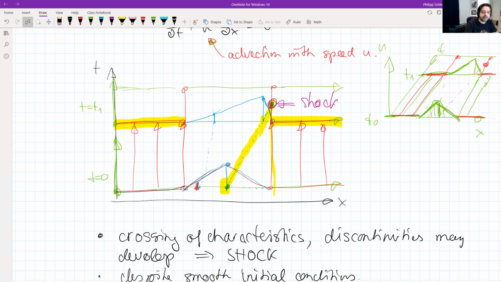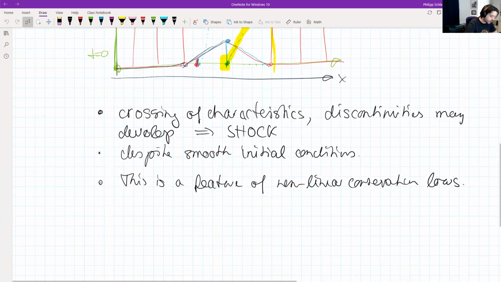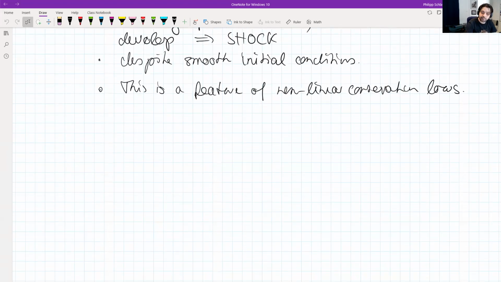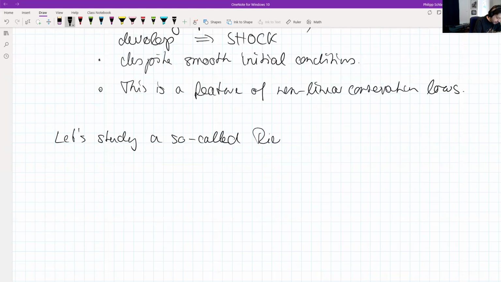But now we need to, of course, study in more detail the appearance of these shocks and how we can understand it a little bit better. For this, what we do is the following. Let's study a so-called Riemann problem.